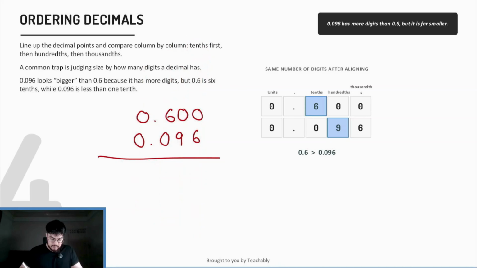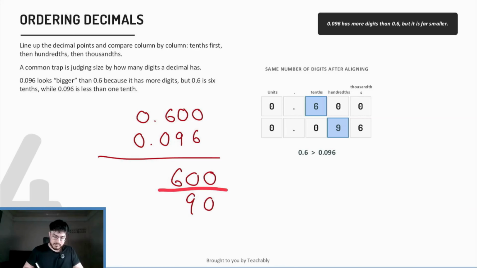Now, let's look at the place values. This has a 0.6. This has a 0.0. Immediately we can see that this has a much larger column place value, so this is going to be bigger than this number. That has a digit in a place value that is larger than the first place value they have. It's like we're comparing 600 to 90.